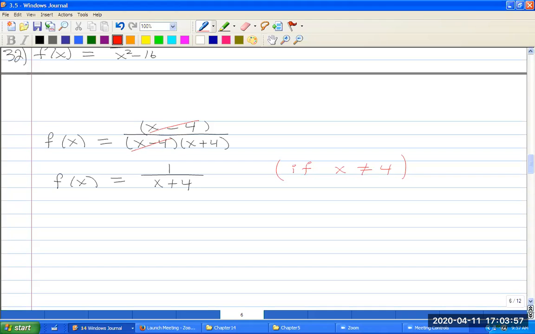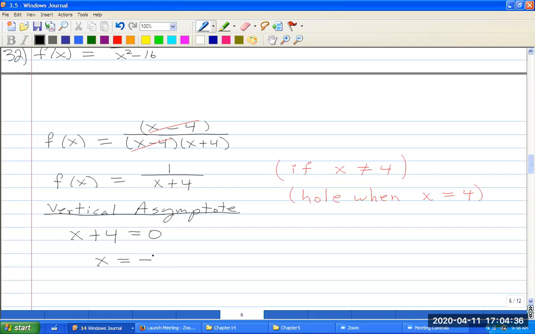4 will not be in your domain. It'll actually be a hole. There's going to be a hole when x equals 4. But we don't care. It's not a vertical asymptote. So after I've simplified, I can now find my vertical asymptotes. Set the denominator to 0.